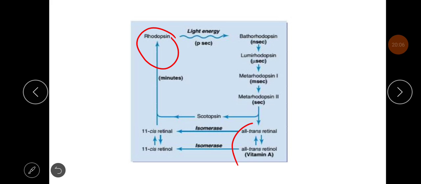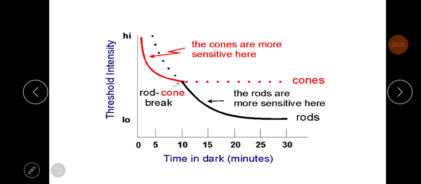Deficiency of vitamin A will inhibit the rhodopsin synthesis, and the night blind person will usually take a longer time for dark adaptation.